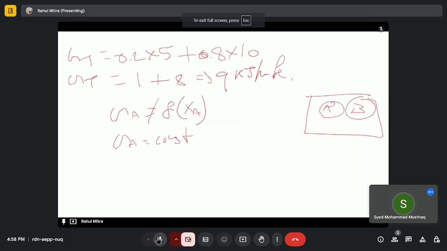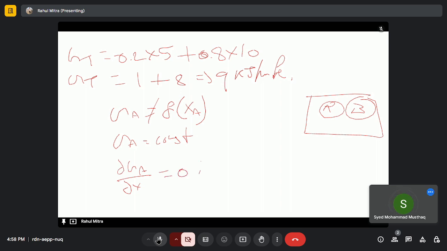Let's say there is no mechanical mixture, where, for example, there is a metallic bond. Then what happens to the free energy change? When we are talking about mechanical mixture, the free energy is constant. Then ∂GA/∂X of A will be equal to 0.